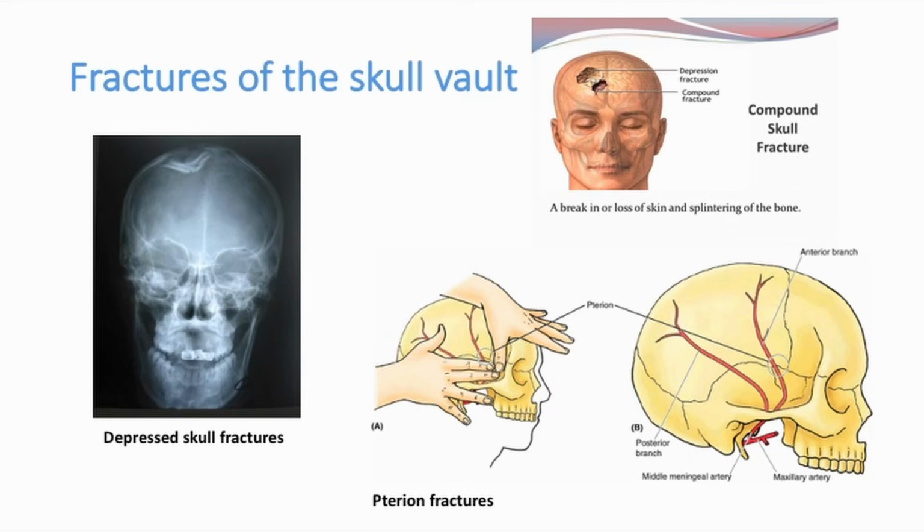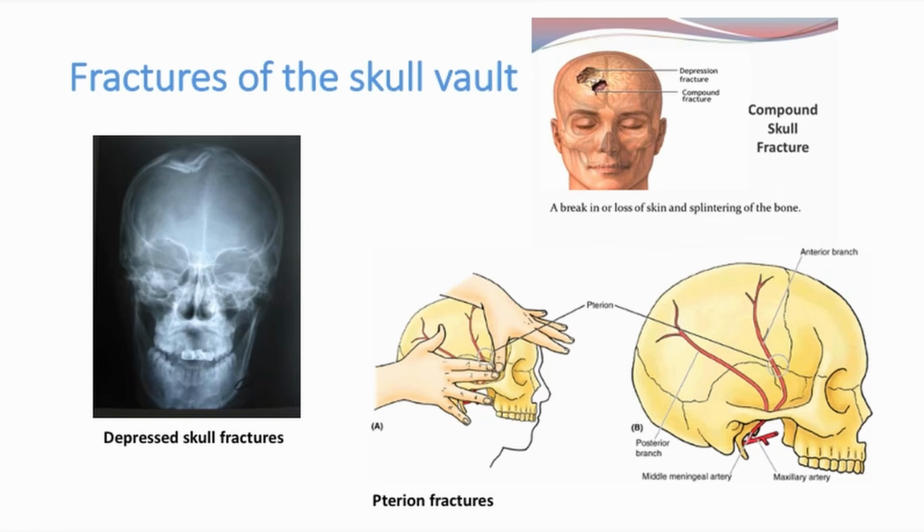Again, we already touched on this. One of the other important clinical correlations that I found with this was the pterion, and how skull fractures can cause injury to the middle meningeal artery and then cause epidural bleeds, which can lead to death. There are some other fractures, the depressed skull fractures. People that are hit with blunt objects can get these.